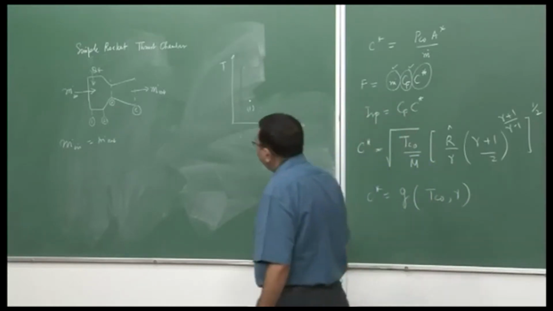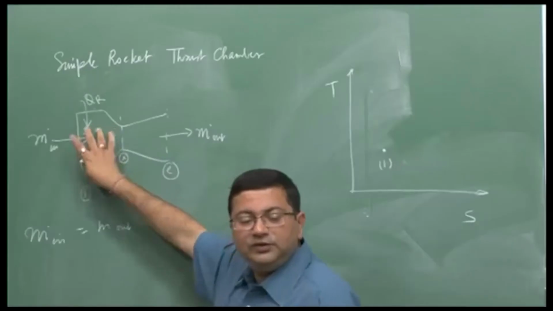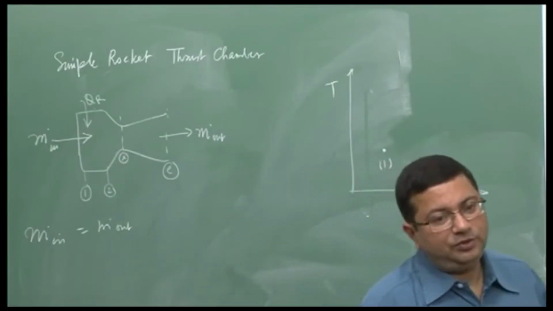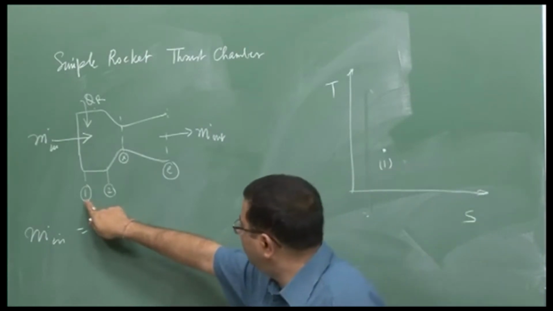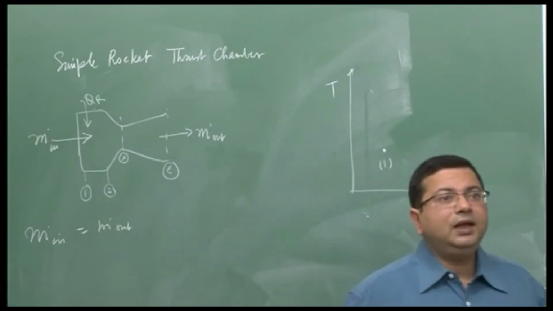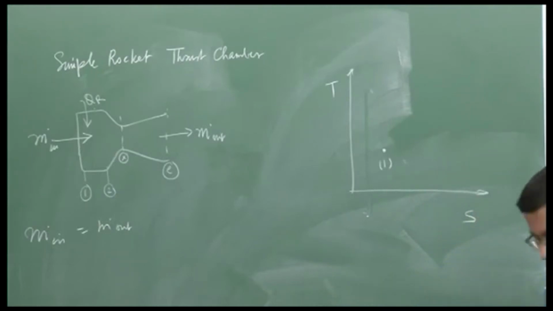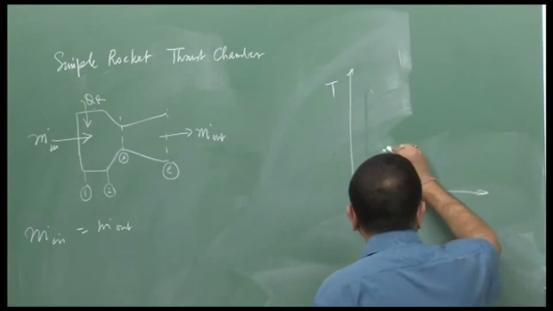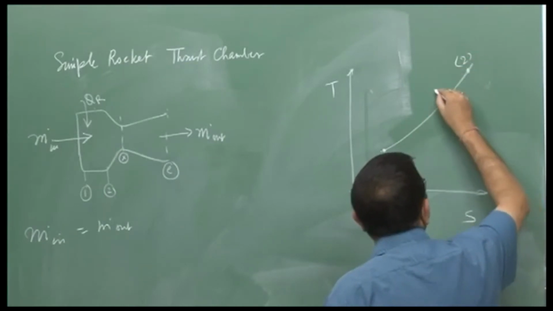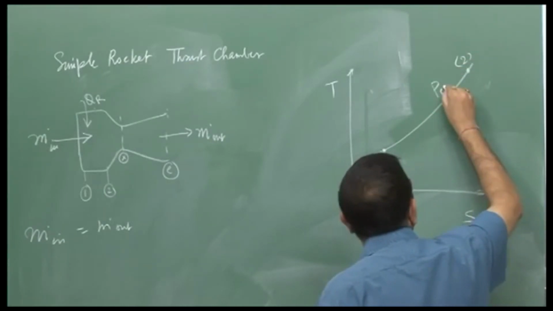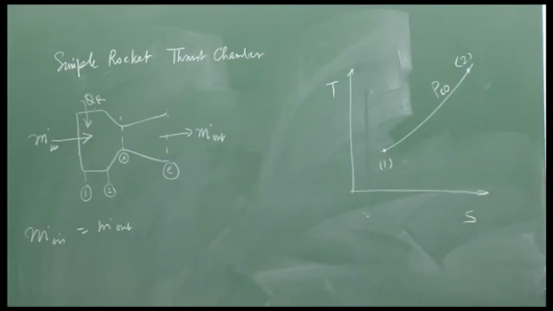So, we consider the process of heat addition to be a constant pressure process. Therefore, in the combustion chamber between 1 to 2, there is a constant pressure heat addition. So, if I plot it, it will be going to 2, and the pressure remains constant at P c naught.